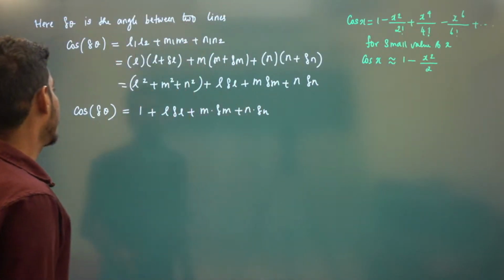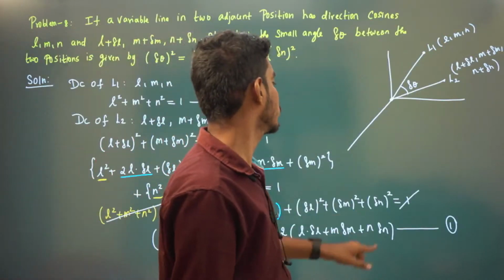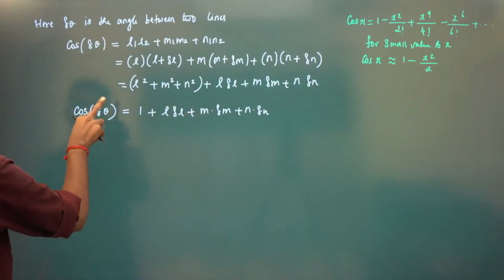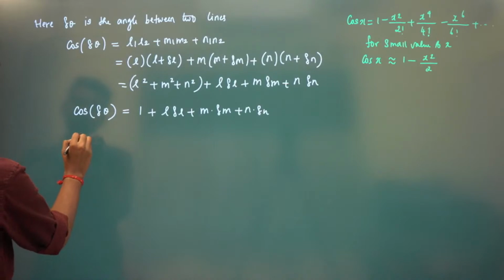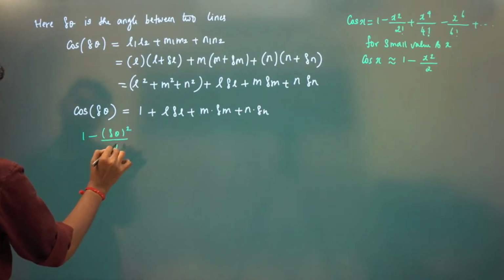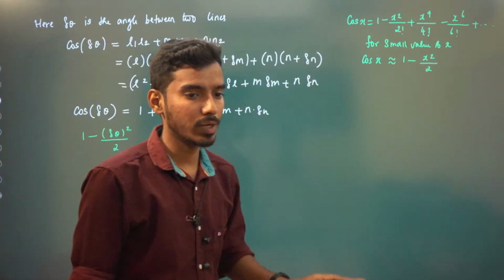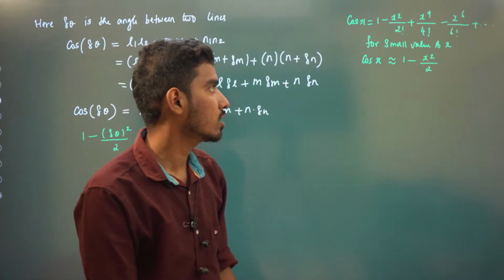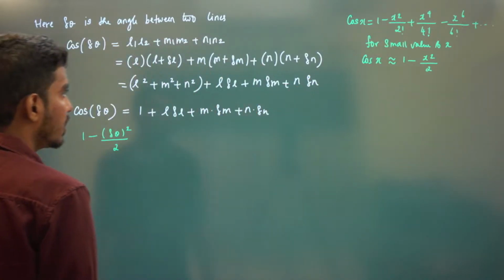Now here, del theta is very small, right? Del theta is a small angle. So for small del theta, this is the same as 1 minus x square by 2. Is it clear? The expansion of cos x is 1 minus x square by 2 factorial plus x power 4 by 4 factorial and so on. For small values of x, this is approximated to 1 minus x square by 2.